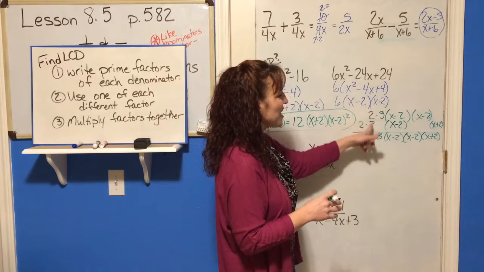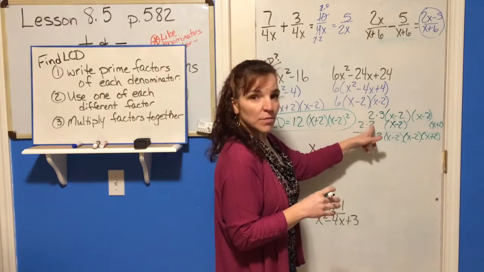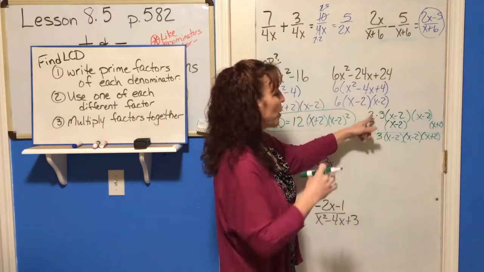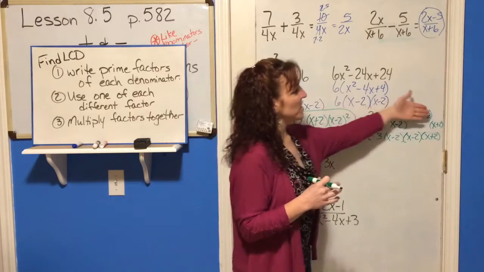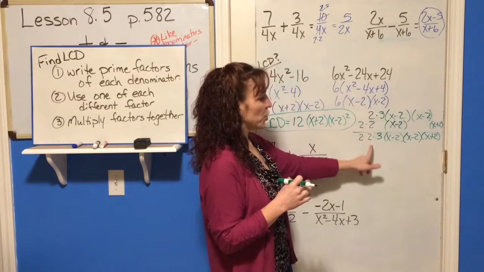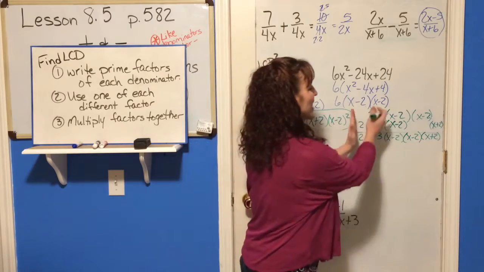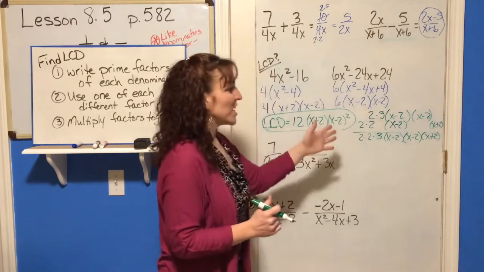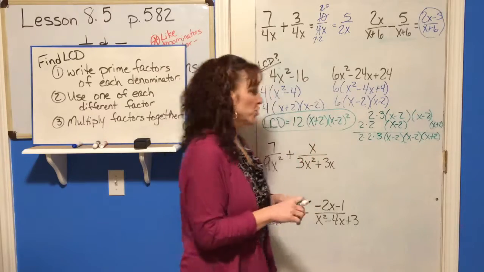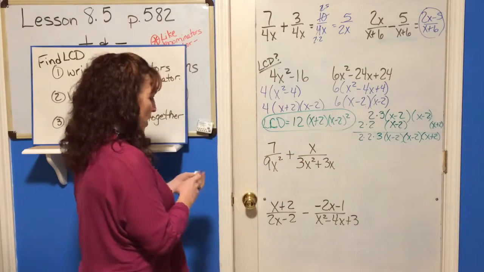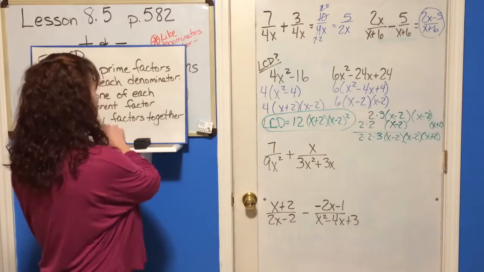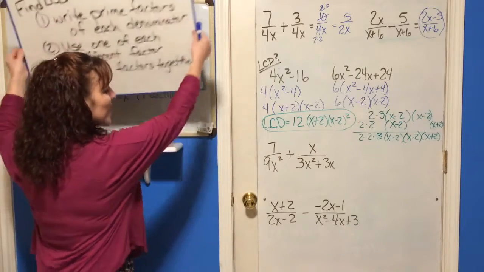You don't have to have this one twice because it's already represented in this group of factors. You don't have to use it twice. So that's why I line them up so that you take one of each of the different factors in order to find your LCD.